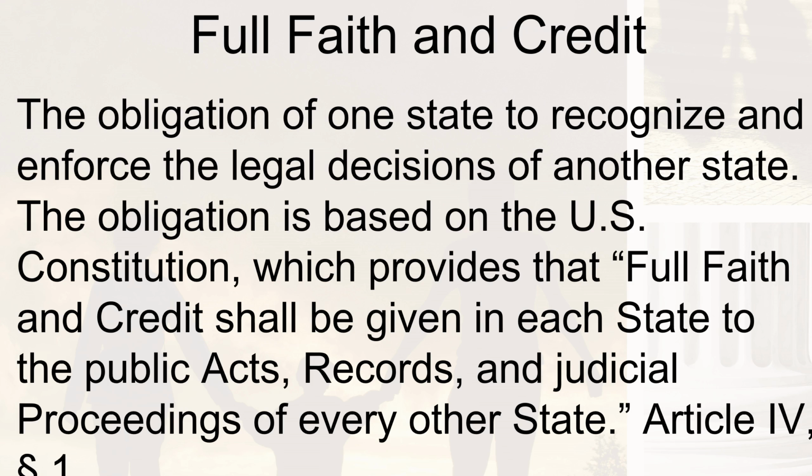So full faith and credit as it relates to divorce basically states that the enforceability of a divorce order will depend on whether the court had proper jurisdiction to issue that order.